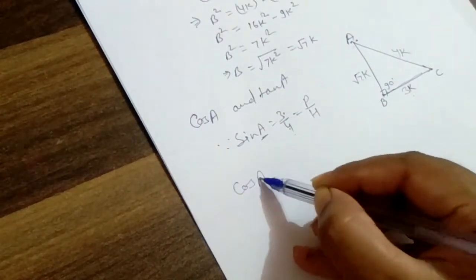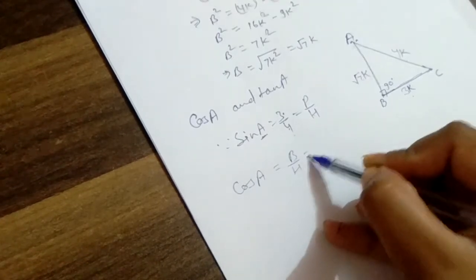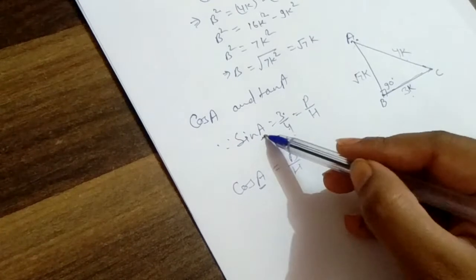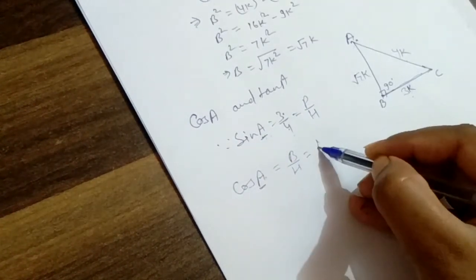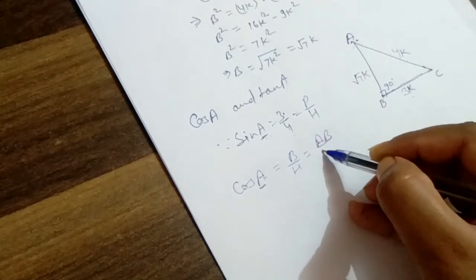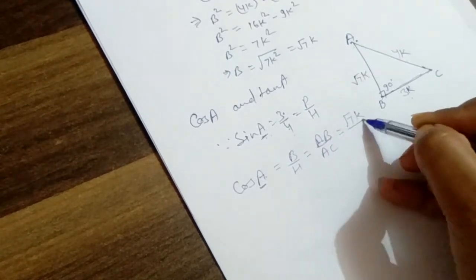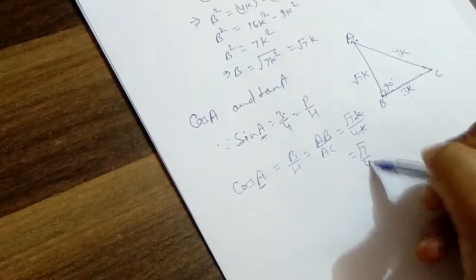cos A. Now cos is equal to base upon hypotenuse. For this particular angle, since both have the same angle, the base will be the same, which is AB, and the hypotenuse AC. So AB is root 7 by k and the hypotenuse 4 by k. So this is root 7 by 4.